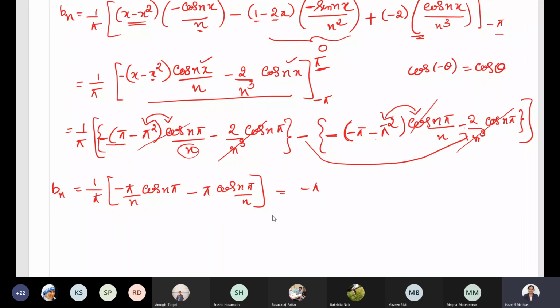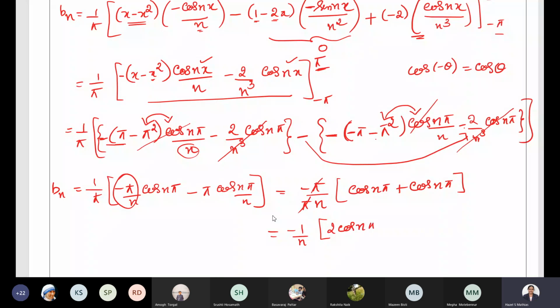Actually minus pi by n, and 1 by pi is already there, so minus 1 by n into 2 times cos n pi, because cos n pi plus cos n pi is 2 times cos n pi. Is it okay?